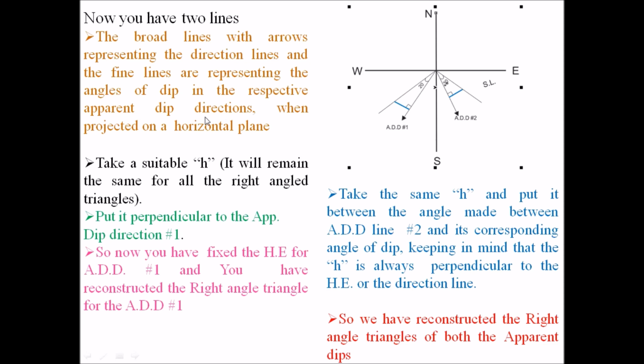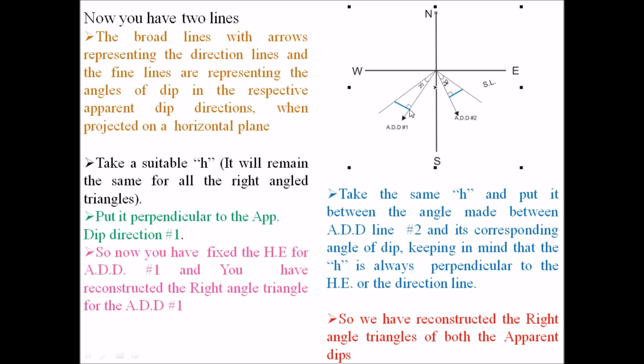So here we take a suitable H, and as I told you, it will remain the same for all the right angle triangles. You can take it according to your choice, and this H will remain constant for all the right angle triangles which we are going to draw.